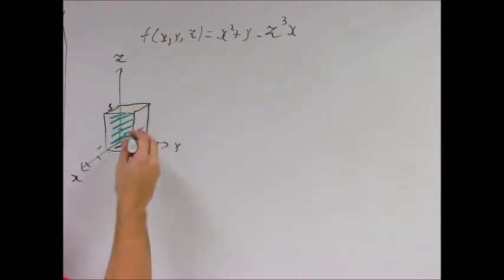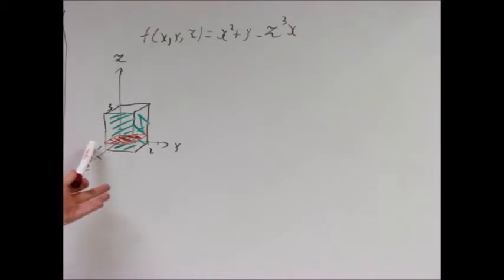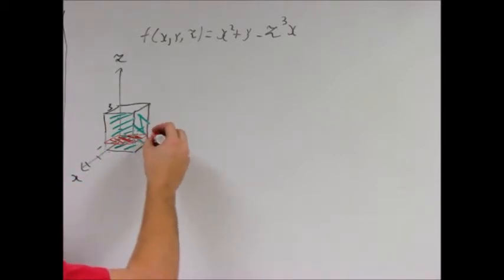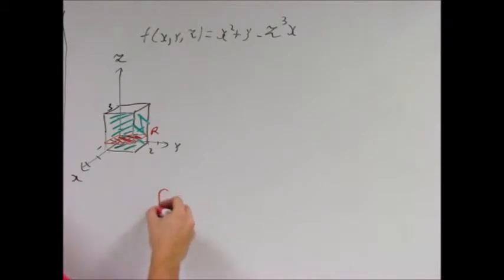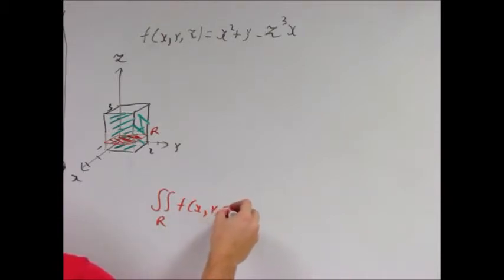Just like with double integrals, you want to sort of slice it into small regions that you're going to then integrate. So basically, the most common way we do it is we slice it into these sort of square slices. And then we say the integral over this region R is just the double integral over R of f of x, y, z for a given z value.